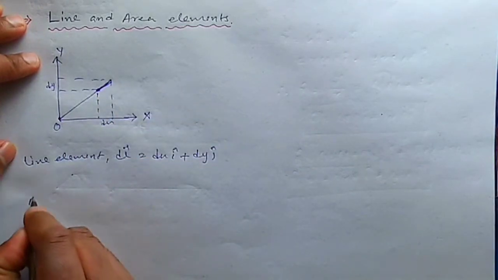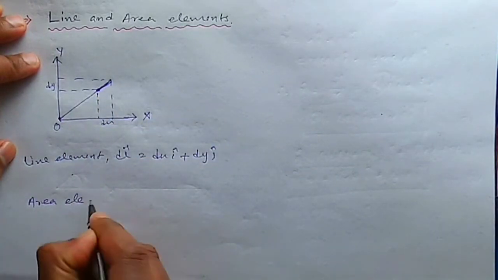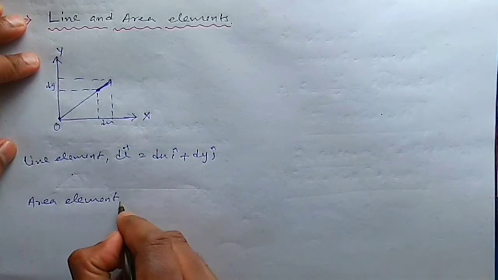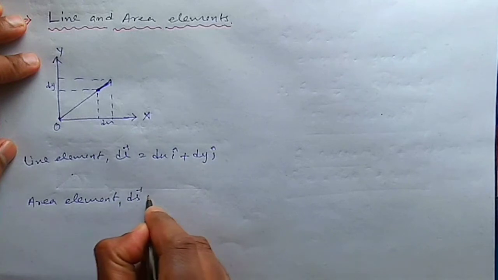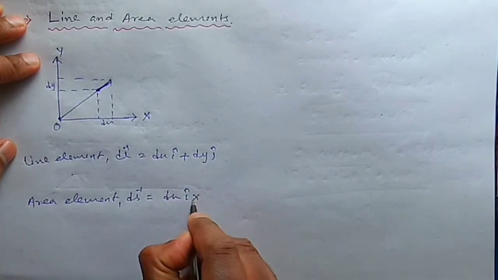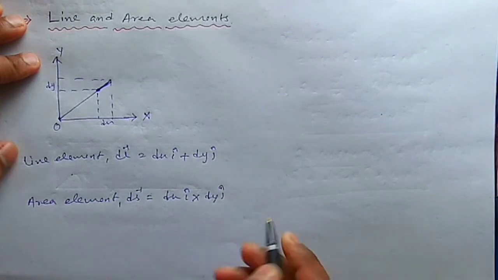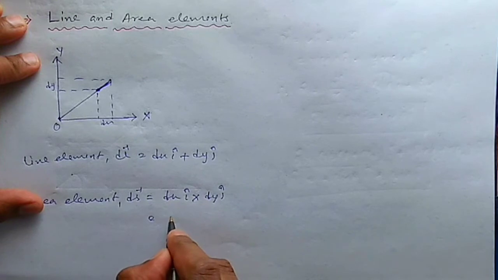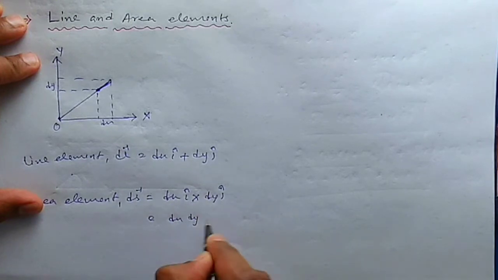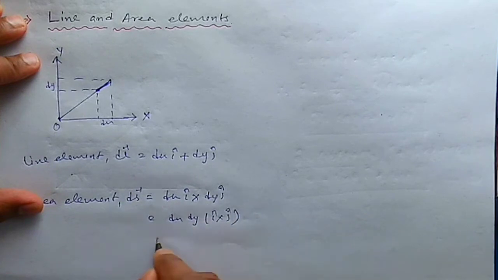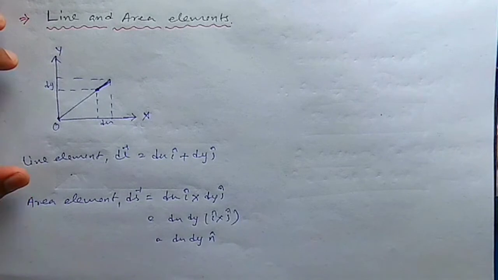And the area element can be represented as dx i cap cross dy j cap. So ds is equal to dx dy i cap cross j cap, this is a cross product, which is dx dy n cap.